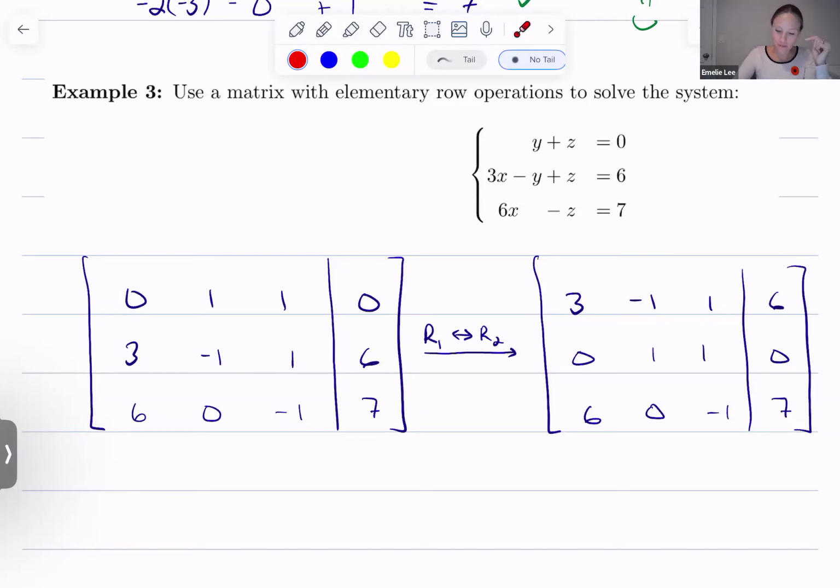But remember this, the main goal is just to eliminate this value, turn it into 0, no matter what cost, right? And so what I'm going to do, sneaky, is I'm going to take the 3 and use it to eliminate the 6, right?